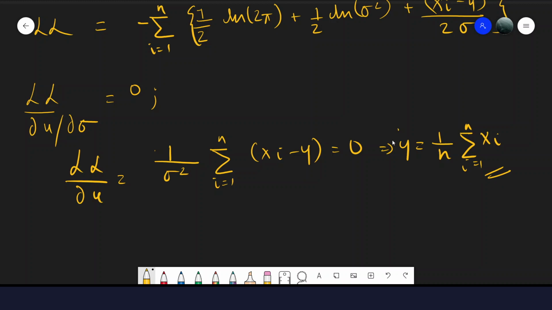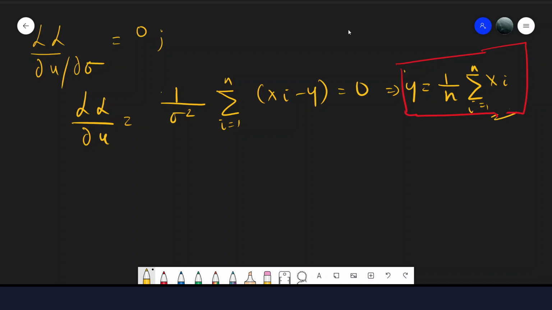This is where mathematics meets intuition, and we have proved that this is the case using mathematics. So to estimate the population parameter mean, you just have to take the mean of all the sample points, and that will be the population parameter mean.